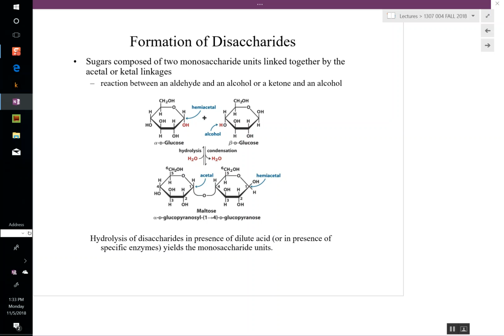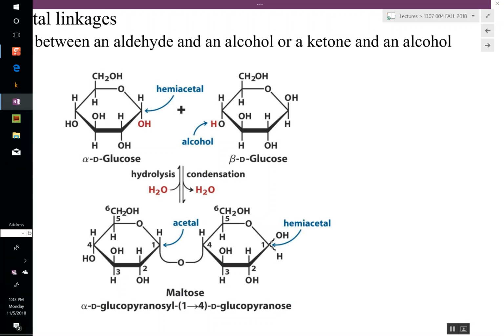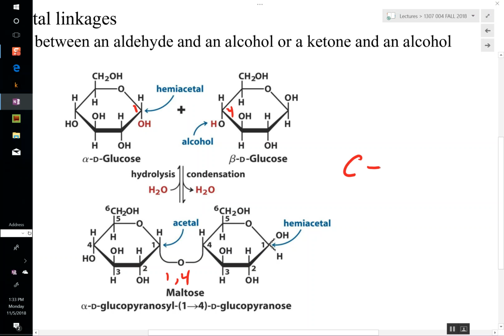Here's carbon number 1 right here, carbon number 1 and carbon number 4. So this would be a 1,4 link between those 2 monosaccharides.